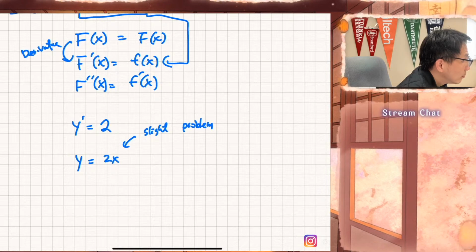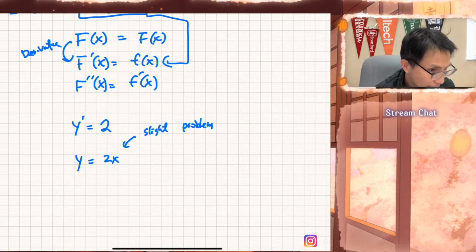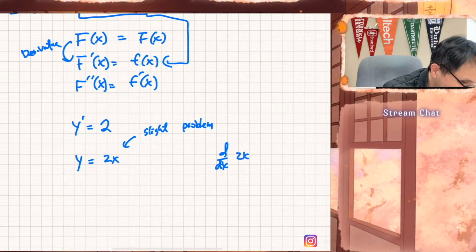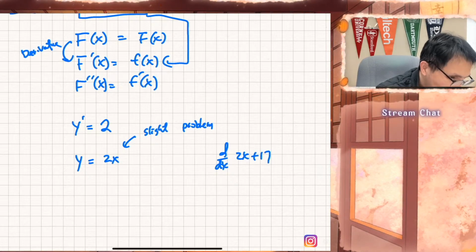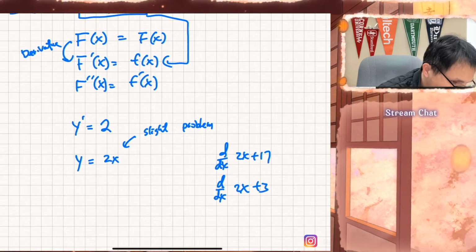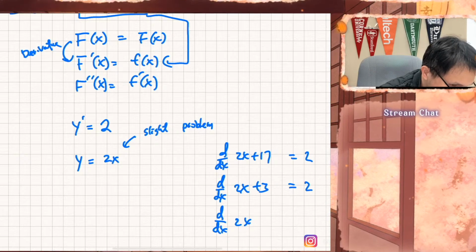Exactly, good job, by the way. The derivative of 2x plus 17, like he said, versus the derivative of 2x plus 3, versus the derivative of 2x, they're all equal to 2.